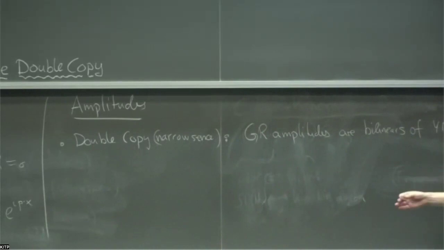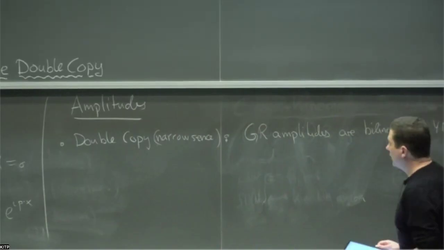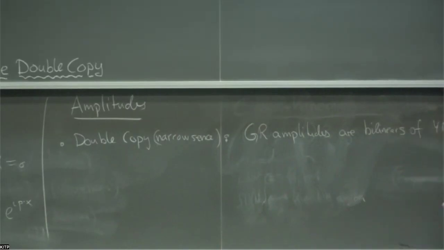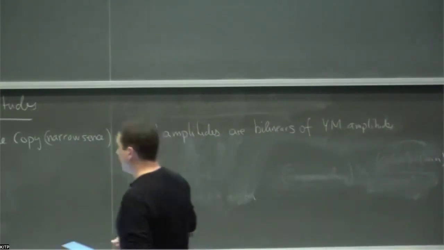And then when you go to one loop, you do one loop here, one loop there, and so on. So in some sense, there's some kind of weak relation between gauge theory and gravity. I should also say that eventually I'm going to refine this even more, so it's going to be a map between individual diagrams, but I will come to that.